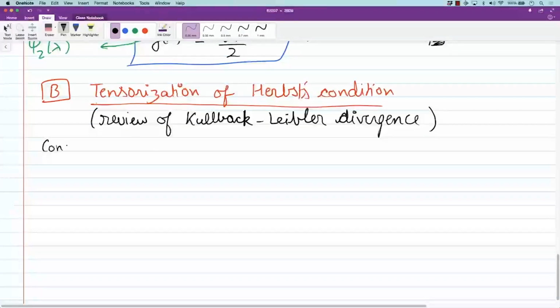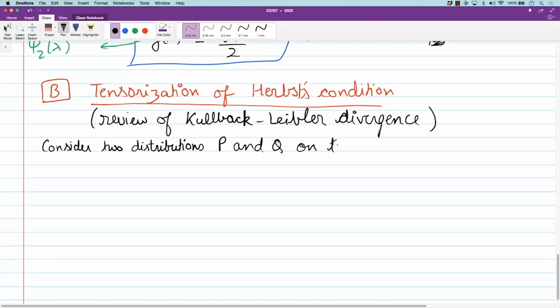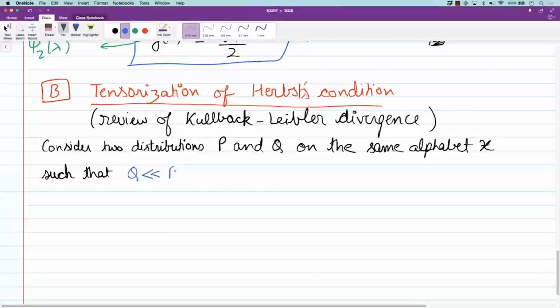So consider two distributions P and Q on the same alphabet, such that Q is absolutely continuous with respect to P. That's the notation for it.